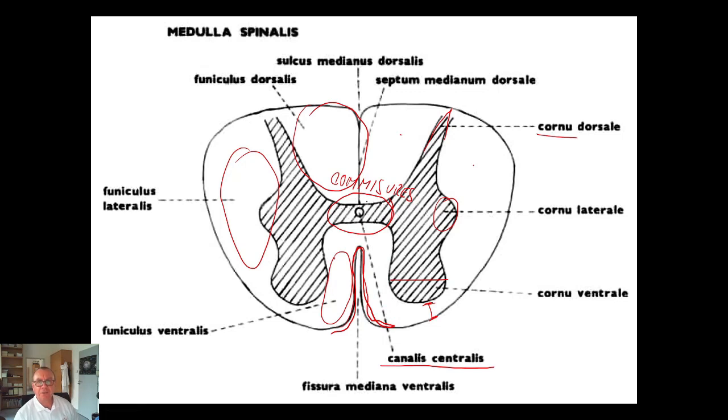On the other side, on the dorsal side, there is just a sulcus, which is quite shallow, and then a glial septum separating two dorsal funicles. On the other hand, ventral funicles are connected by a white commissure here. So white commissure is only one. Gray commissures are two, dorsal and ventral, around the central canal. I think that's still almost anatomical description.